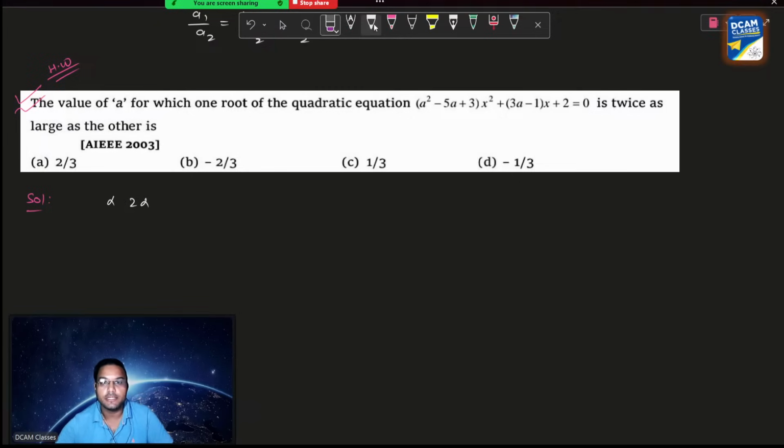Now the relation that we have here: alpha plus 2 alpha, that is sum of the roots, is minus of (3a minus 1) divided by (a square minus 5a plus 3). That's the relation. So this is the first equation, in which you'll get 3 alpha is equal to (1 minus 3a) by (a square minus 5a plus 3).